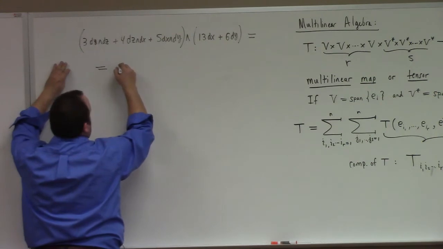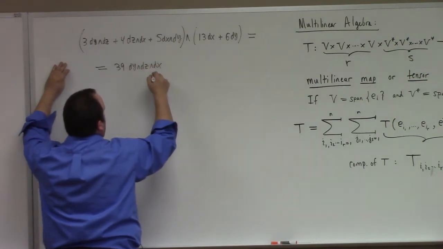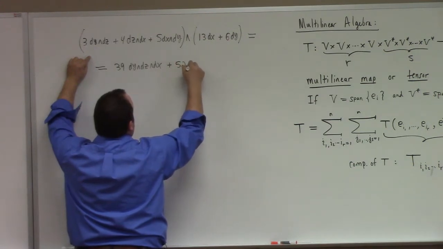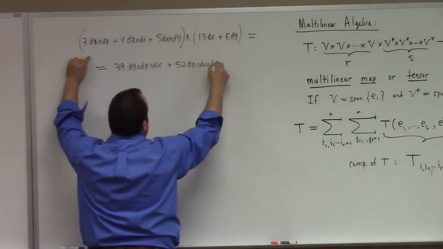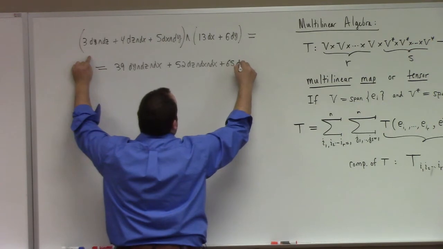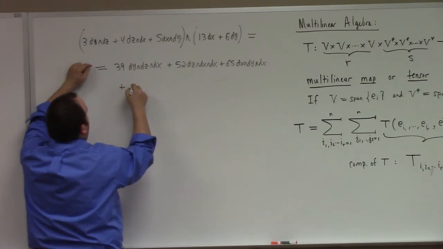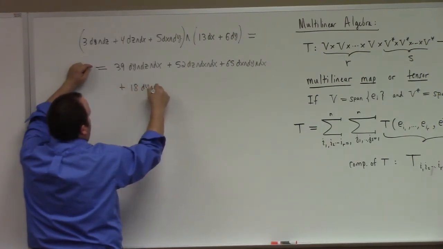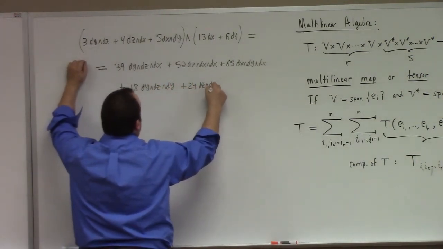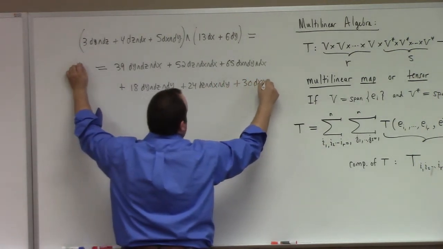So what that gives us is 39 dy wedge dz wedge dx, plus 4 times 13, which is 52 dz wedge dx wedge dx, plus 65 dx wedge dy wedge dx, plus 18 dy wedge dz wedge dy, plus 24 dz wedge dx wedge dy, plus 30 dx wedge dy wedge dy.